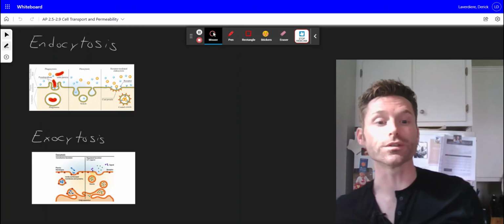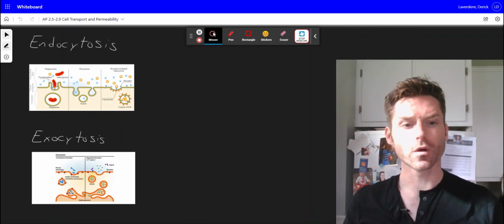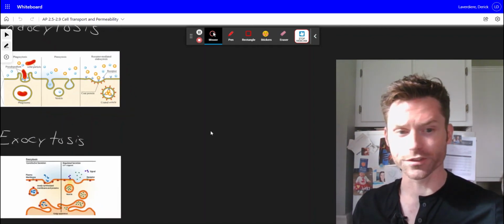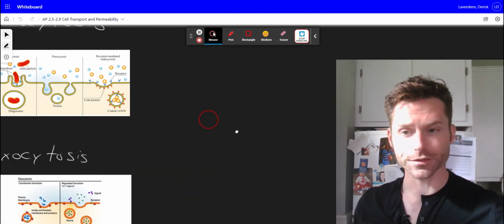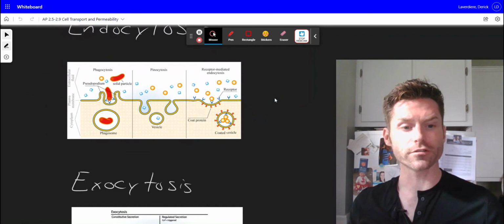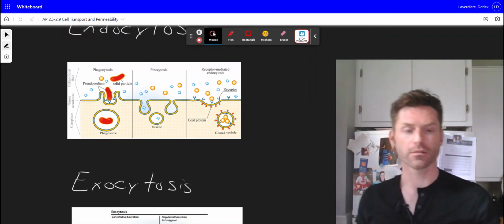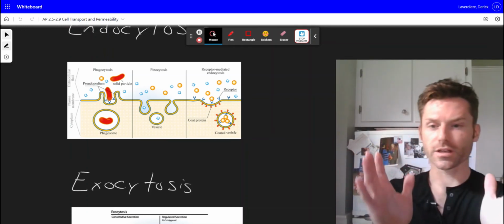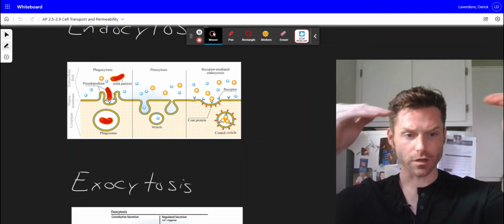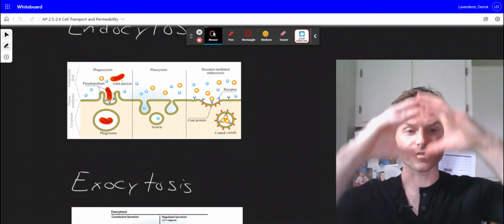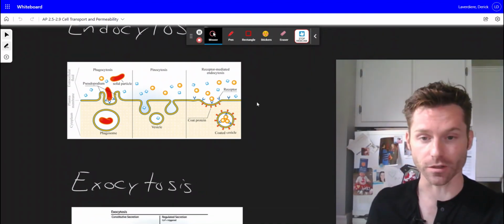And then finally, the last mechanism I need to talk about before I'm done is endo and exocytosis. Endo and exocytosis are what cells use to move really big molecules or large groups of small molecules. Instead of trying to cross the membrane, through the membrane or through a protein channel, the cell will actually extend its membrane out around the substance, surround it in its membrane, and then suck it in if it's endocytosis.